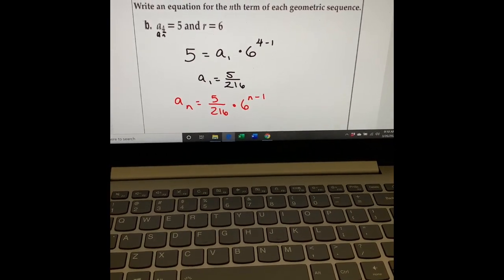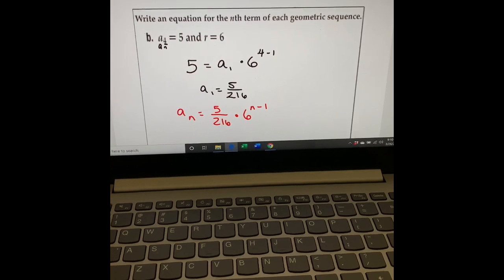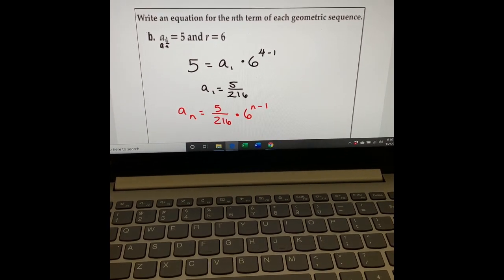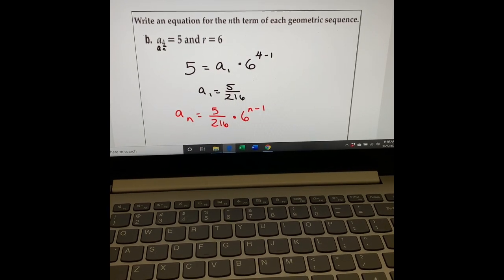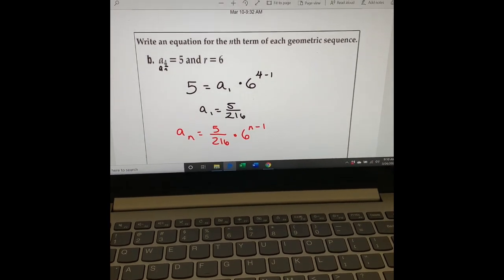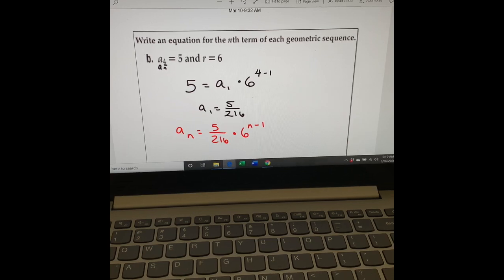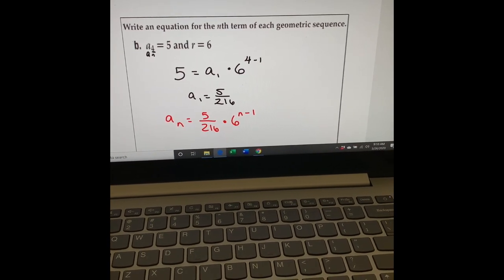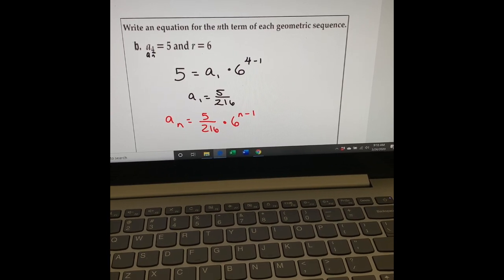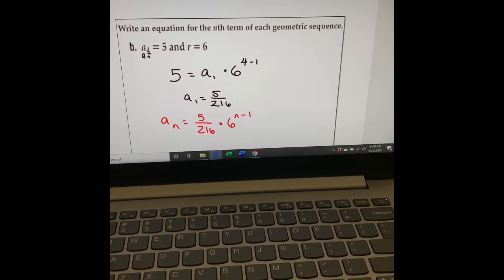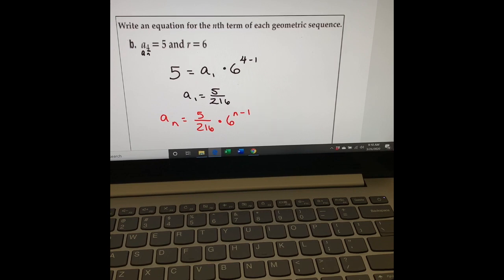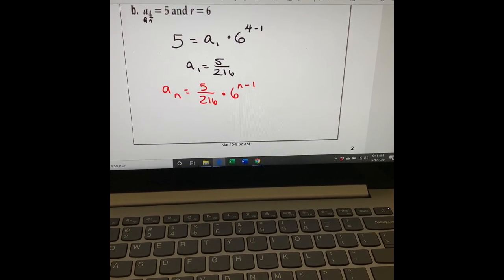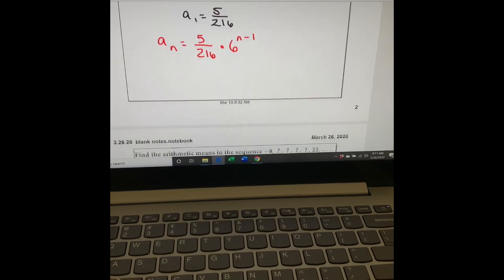So we know that a sub n is 5 then, is equal to a sub 1, which we're going to have to find out what the first term is, times the R value, which was 6, to the n minus 1. Now, n, remember, is 4 because it's a sub 4. So we plug that in, and we're going to divide that out, and we get 5 over 216, which is our first term. So plugging that back into the generic form, we've got 5 over 216 times the common ratio to the n minus 1 power.